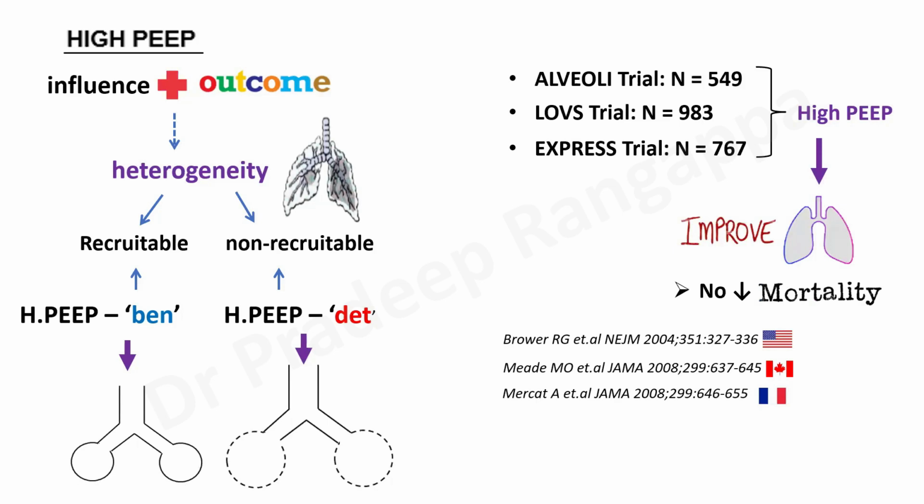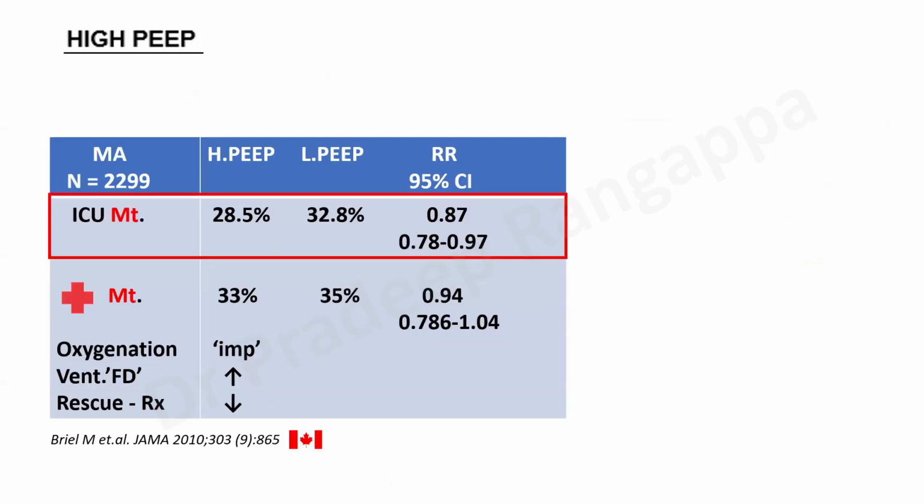After this, there's a beautiful meta-analysis that came from the Canadian group, which again tilted the pendulum to say high PEEP has benefit in a select subgroup of patients. And what is that subgroup? That came from this beautiful study. As I said, all those three studies were between 2004 and 2008.